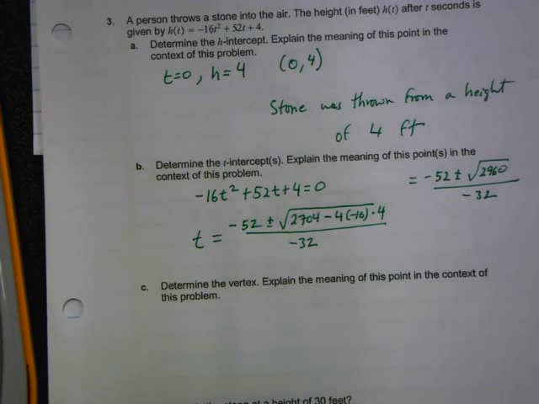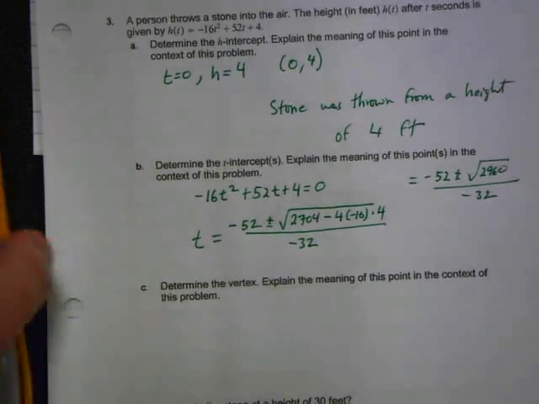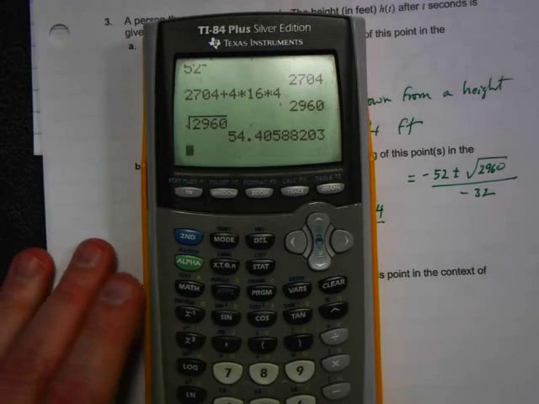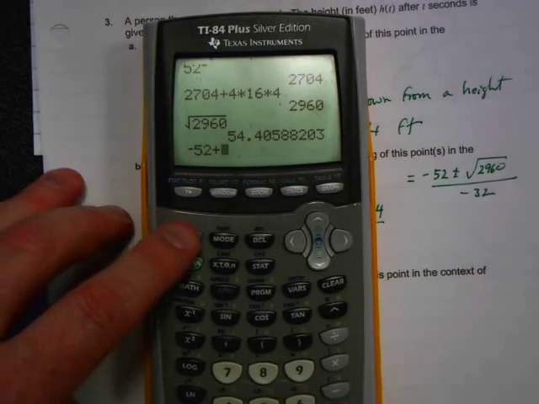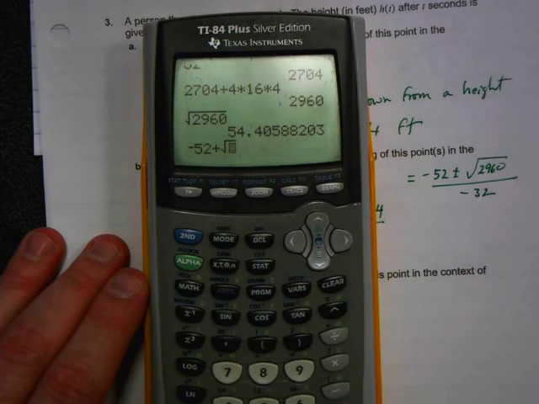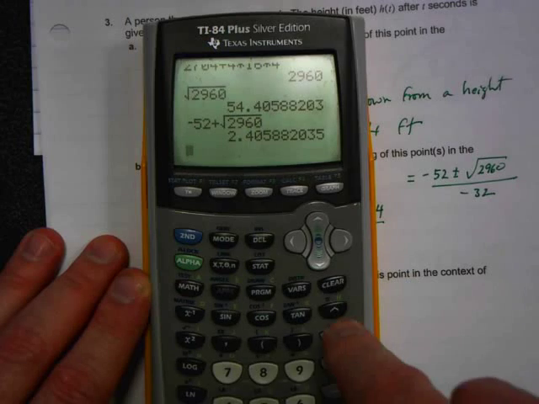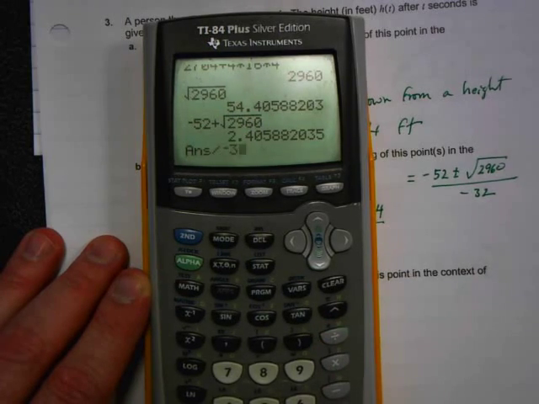Unfortunately, the square root of 2960 is not a nice number. But I think in this problem it makes sense to give a decimal answer. T is going to be time, and I want to know about how many seconds it is. So I type in negative 52 plus the square root of 2960, and then divide by negative 32.